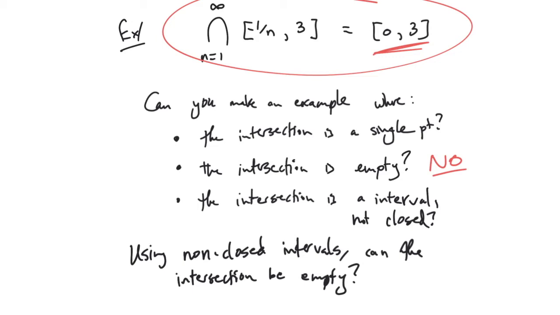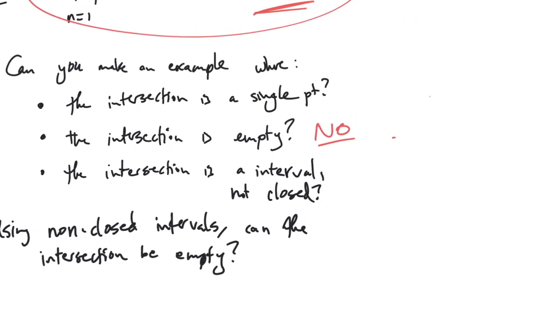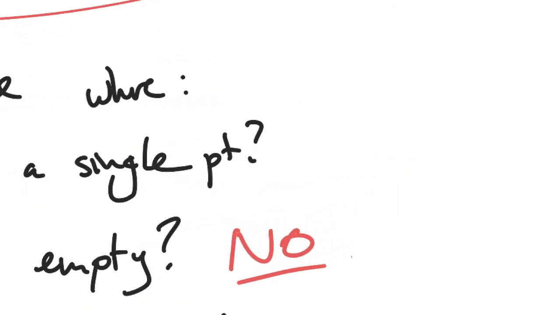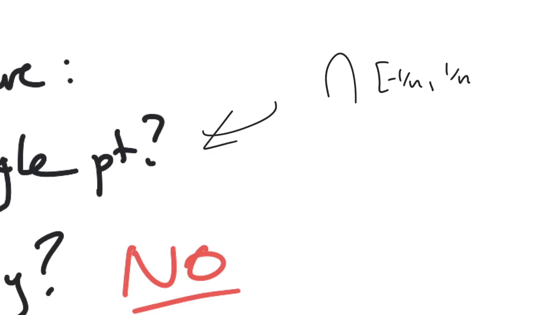I think the simplest way to do that, so for the first one here, the intersection is a single point. I'll just write my answer right next to it. This is the most natural way to do it, I think. The first interval is -1 to 1, and then the next one will be -1/2 to 1/2.